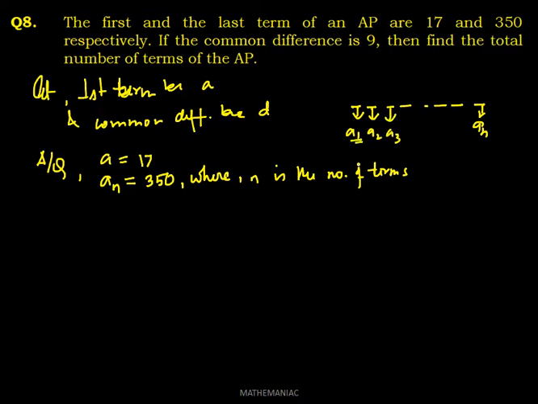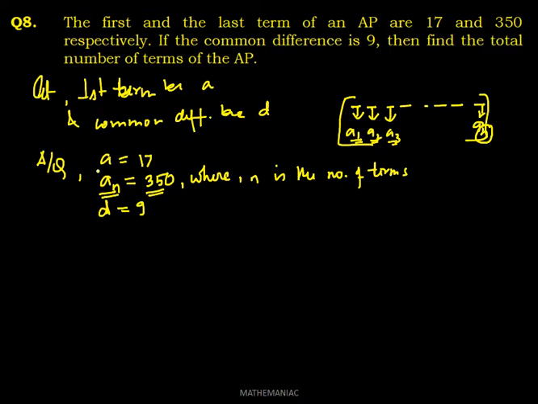That means this tells you about the first term, second term, third term. So this will tell you about the total number of terms in the AP. So I have considered N to be the total number of terms, then the last term will be AN, and according to the question it is given as 350, right? Moreover, they have given you D equal to 9. Now you have to find the total number of terms of the AP, means you need to find this N.